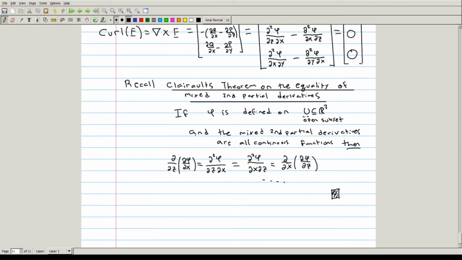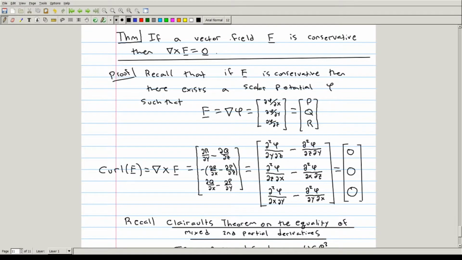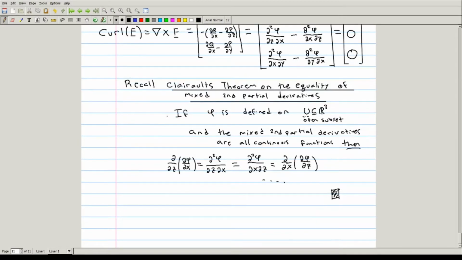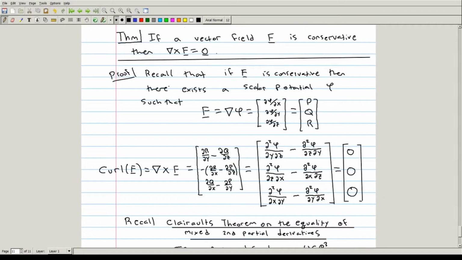So this explains the test that we went through, the test for whether or not a given vector field is conservative, because this is saying that any conservative vector field has to have 0 curl. Specifically, the converse of this statement is that if the curl is non-zero, then the vector field is not conservative.